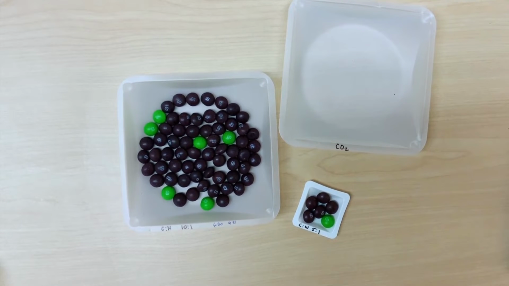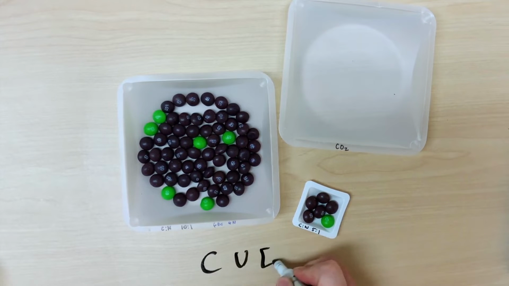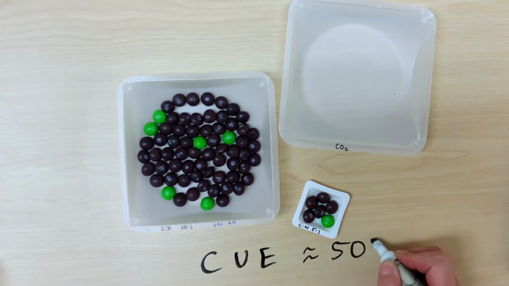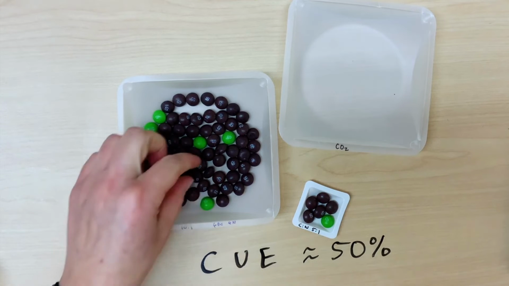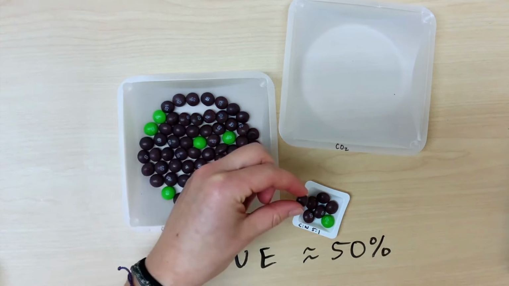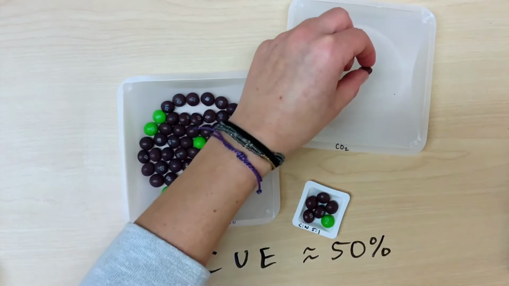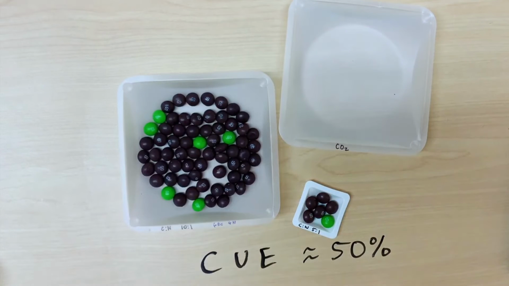The amount of carbon that is going to make its way into the CO2 pool relates to a microbe's carbon use efficiency, or CUE. We're going to estimate a carbon use efficiency for this microbe to be 50%, which means that for every carbon that goes into making a new microbial cell, another carbon is going to go up into the atmosphere as CO2.